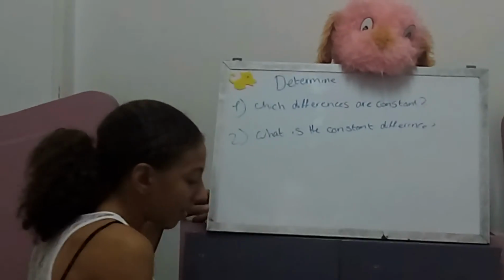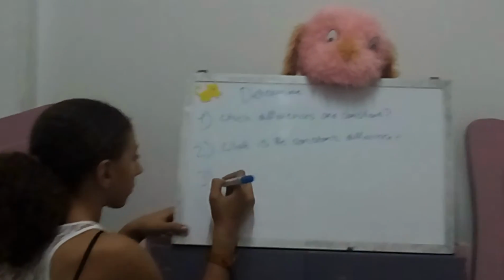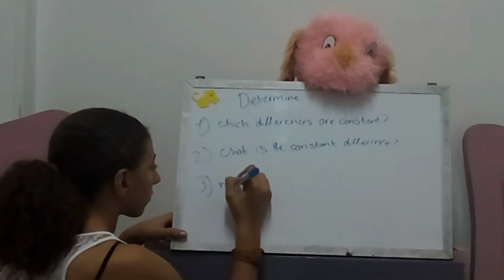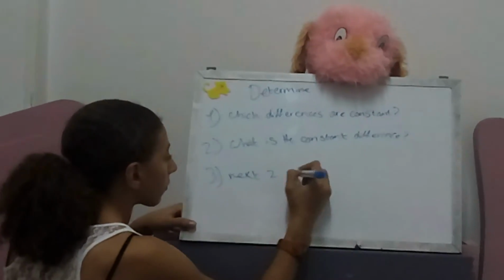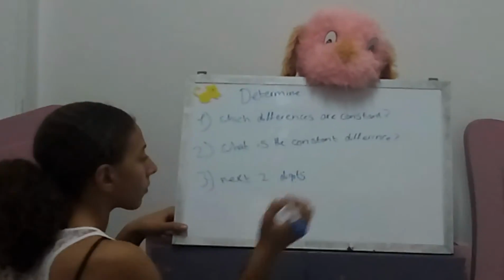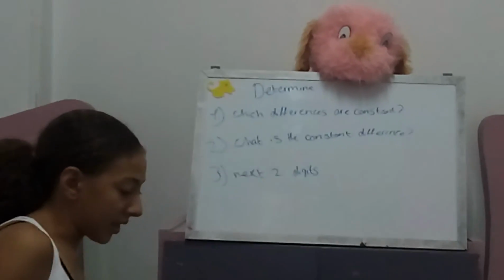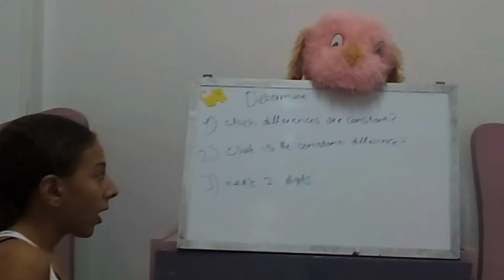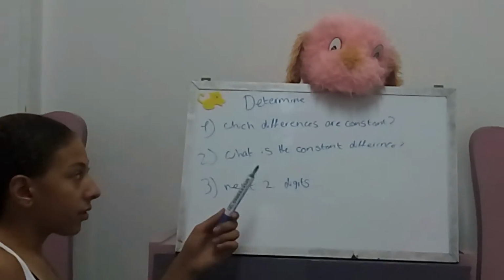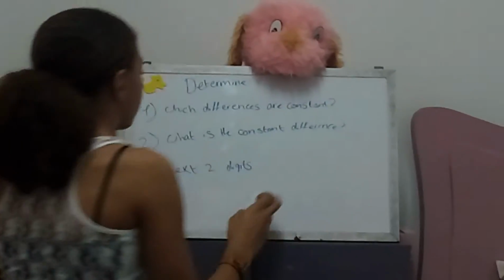Okay? And the last thing, you get the next 2 digits as we did in the examples. Okay? You may stop the video if you want to copy these, okay? I have to erase them because there is no space.